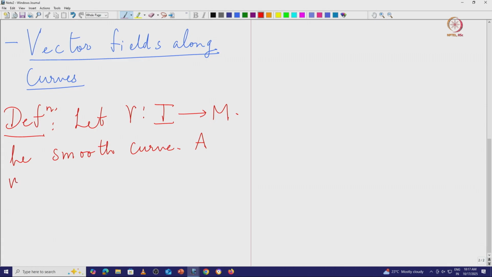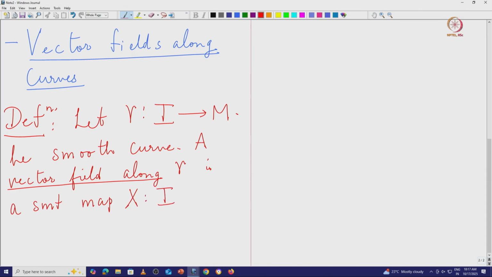Then a vector field along gamma is a smooth map x from the interval to the tangent bundle of M such that pi composed with x of t is gamma of t.